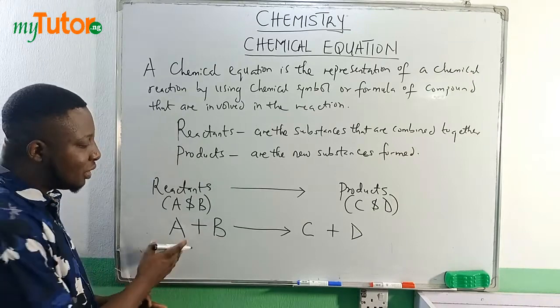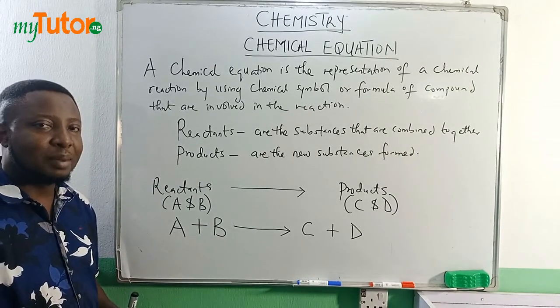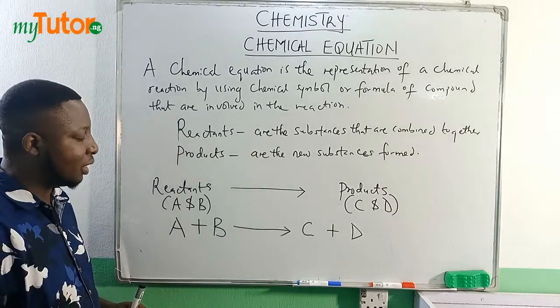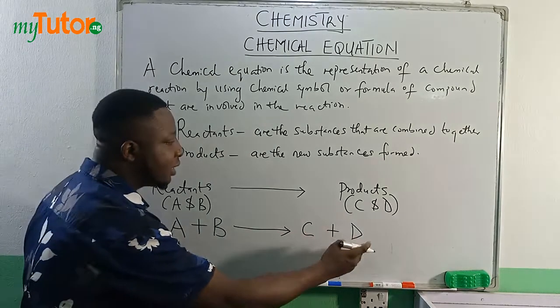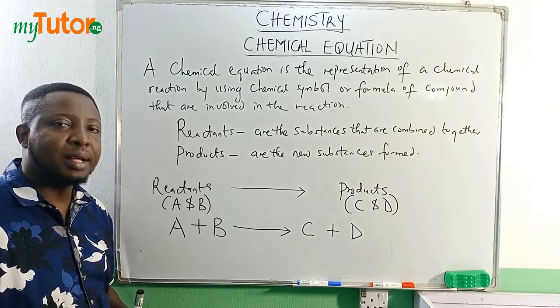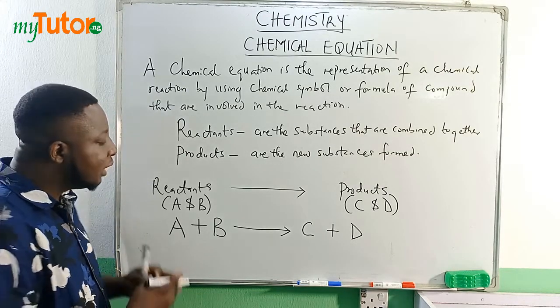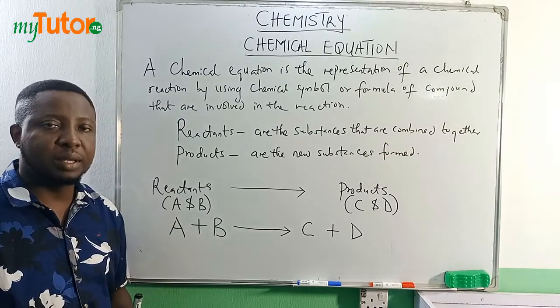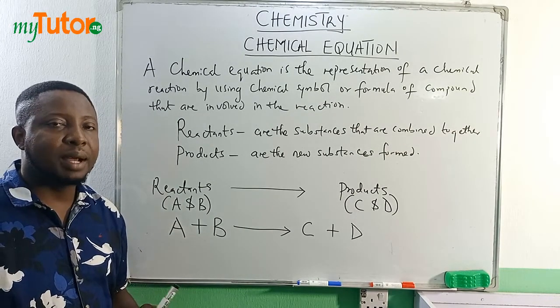So what we have written is called a chemical equation. On the left-hand side, we have our reactants. On the right-hand side, we have our products. And again, in a chemical equation, the nature of the reactants and the products must be indicated. What do I mean by that?